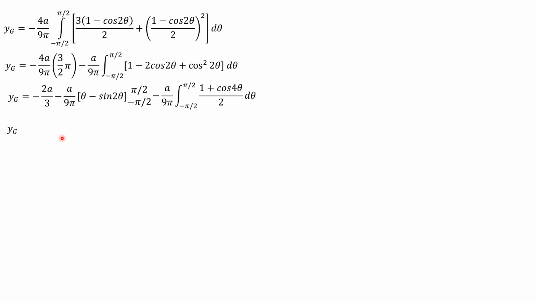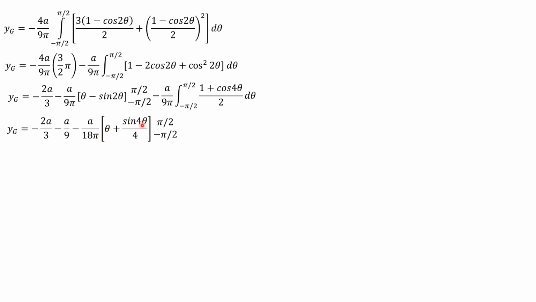So yg is negative 2/3 of a minus a over 9, then minus a over 18 pi, integral of 1 d theta is theta, integral of cosine 4 theta d theta is sine 4 theta over 4, from negative pi over 2 to pi over 2. And theta here, lower limit negative pi over 2, upper limit pi over 2, will just be pi by experience. So this is negative a over 18 pi times pi.